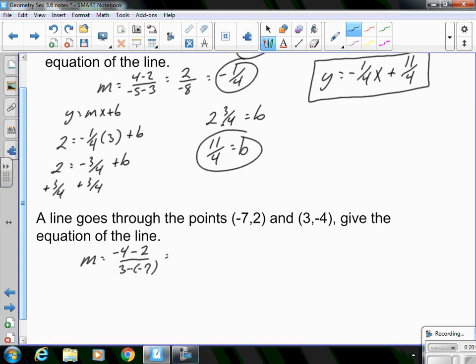Negative 4 minus 2 is negative 6. 3 minus negative 7 will be 3 plus 7, which is going to be, not 9, 10. So negative 6/10, which would reduce to negative 3/5 for our slope.